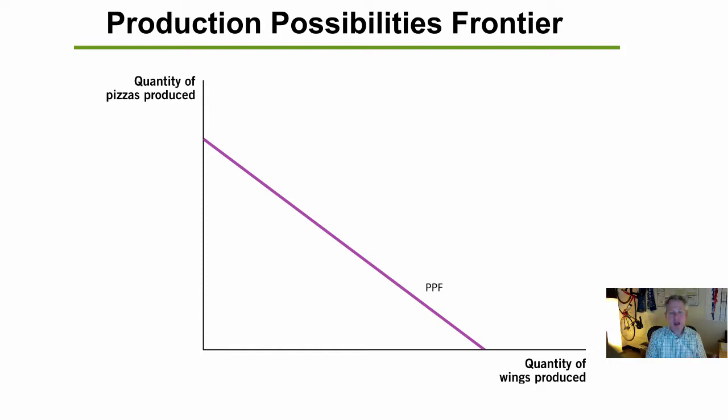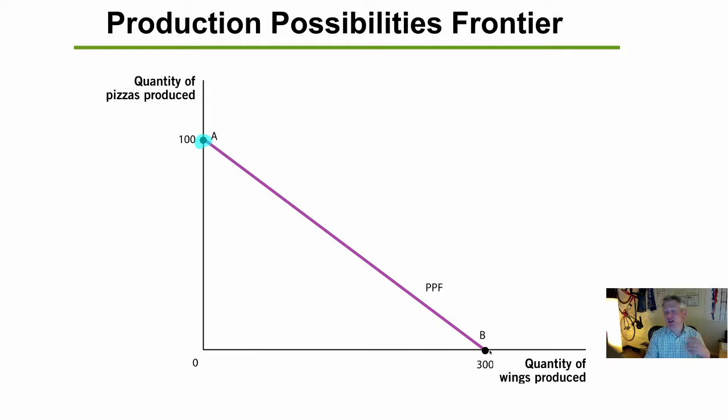And the way we got this is, well, if this particular economy did nothing but produce pizzas, all of its time, all of its resources spent on producing pizzas, it could produce here at A and produce 100 pizzas.